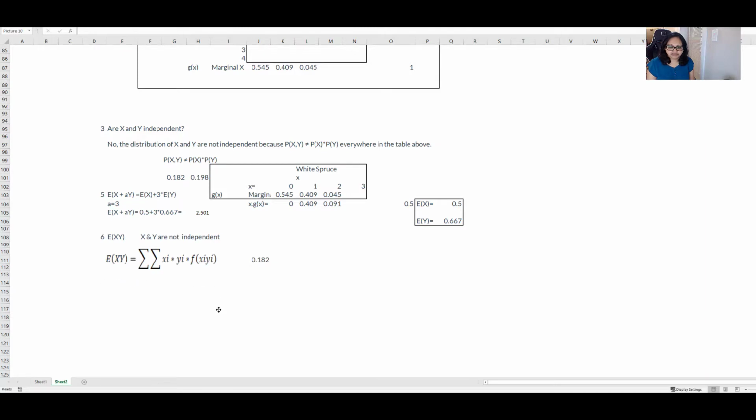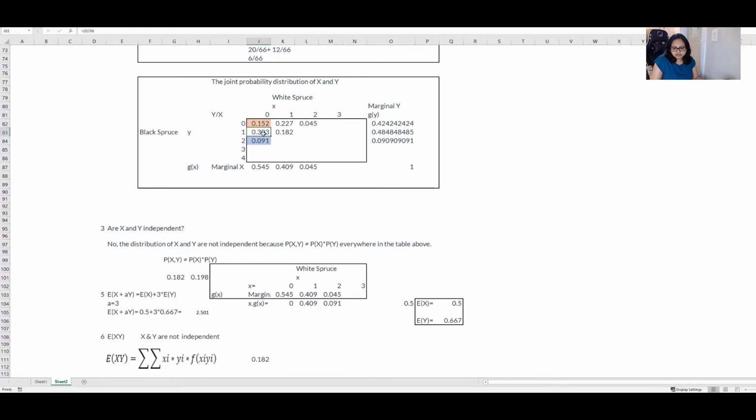Similarly, you can see that in another way we can say they are independent or not. Since they are not independent, whenever you try to find the expected value of x and y, that means two random variables, you can use this equation. This equation is simply what we have over here.